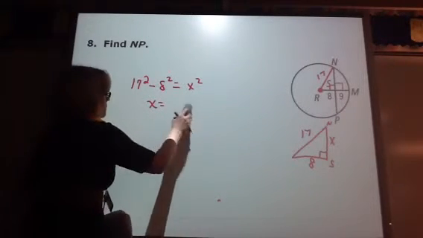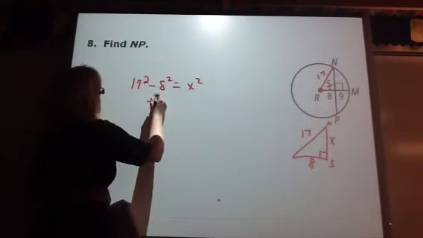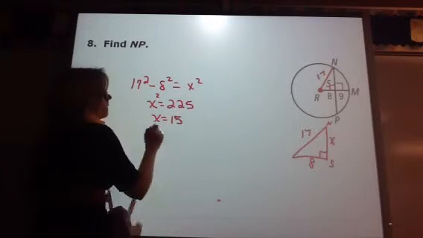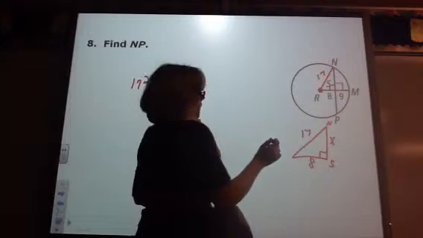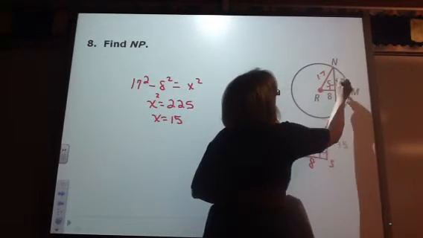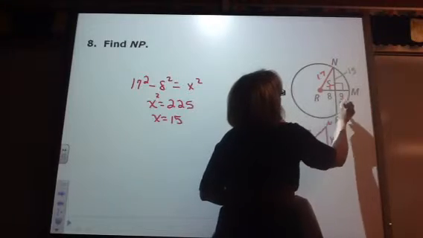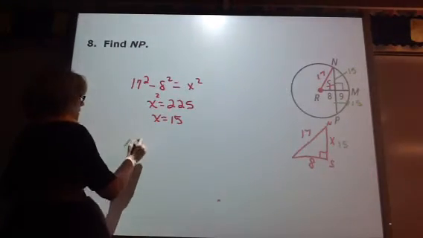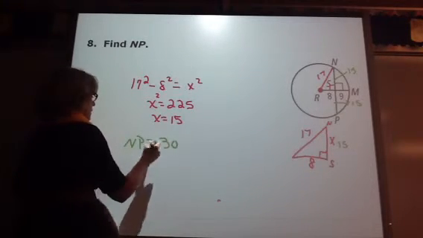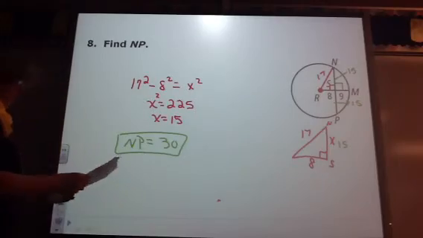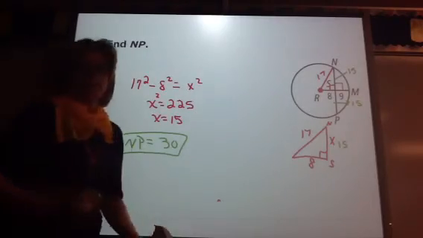It's going to be 15, because you get x squared is 225, therefore x is 15. So if this is 15, this also has to be 15. So NP equals 30. And that looks like that's it. Have a good one.